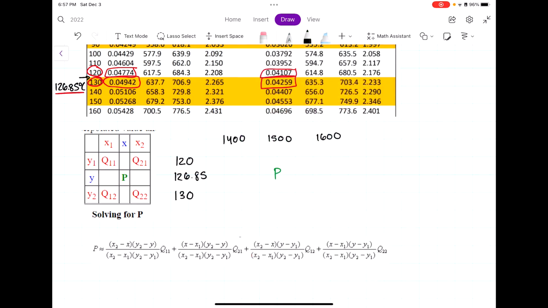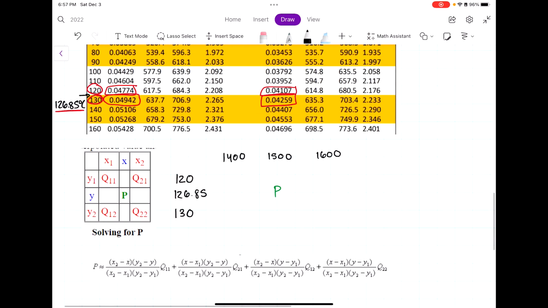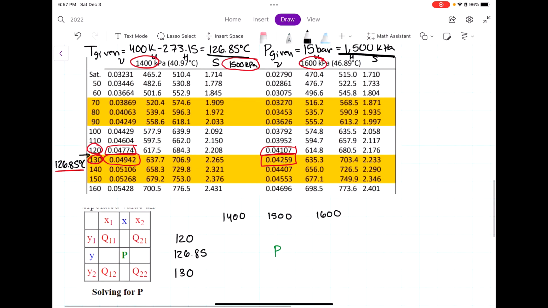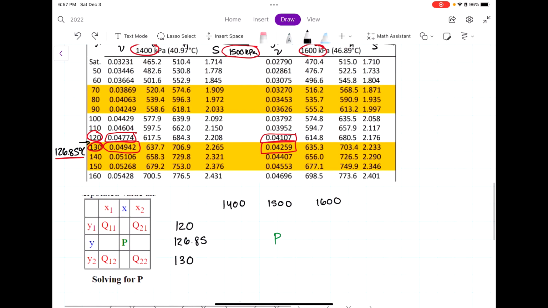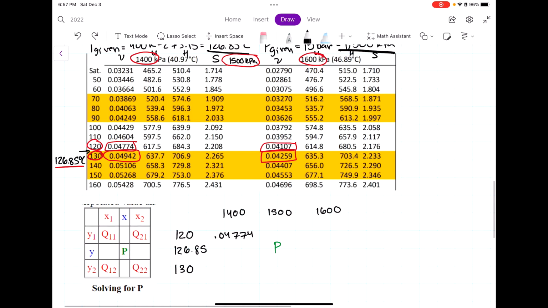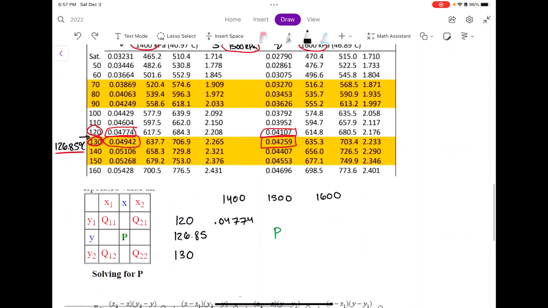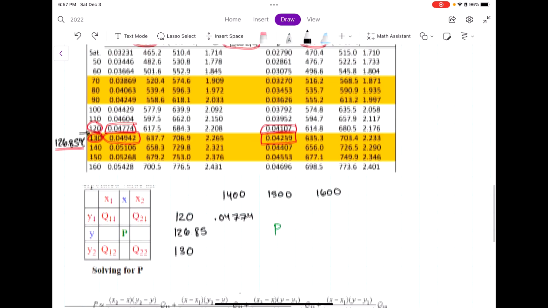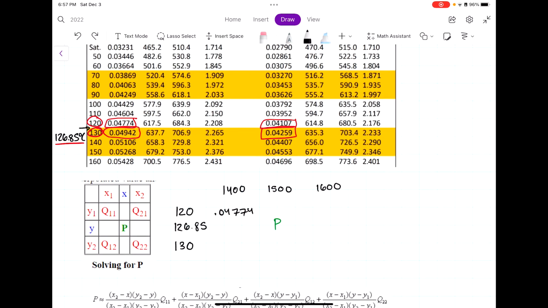So at 1400 kilopascals and at 120 degrees Celsius, the value there is 0.04774. Again, you can just look it up on the table. And the value at 1400 kilopascals and 130 degrees Celsius is 0.04942.